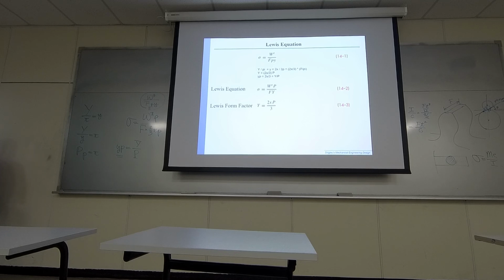Okay, now once we have this Lewis equation, we can use it to estimate the stress inside the tooth. However, from the beginning, we already know this is basically some kind of estimation. It's not always accurate unless you really use some software or do experiments to measure the stress.